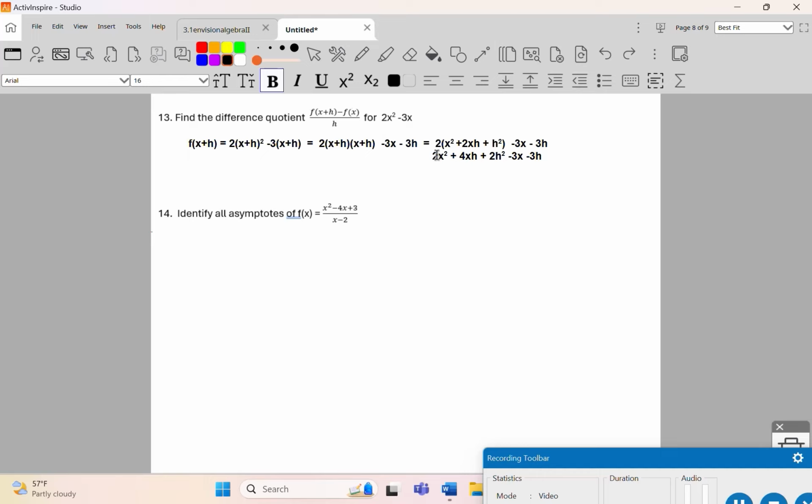To save time here, well, actually I can just copy and paste. I'm supposed to take away the original function and make sure you wrap. Take away all of 2x to the second minus 3x. And that's all sitting pretty over an h.